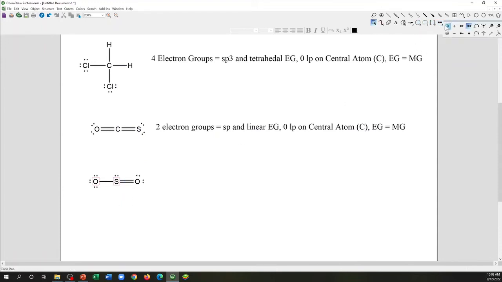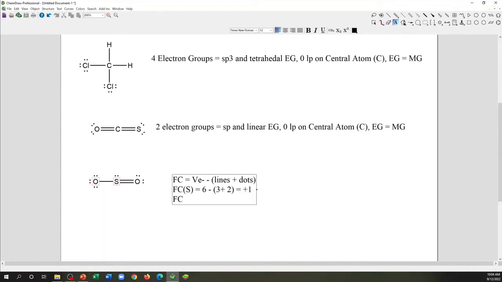If we add up the number of valence electrons that sulfur is supposed to have, remember that formal charge is equal to the number of valence electrons minus the sum of lines plus dots. So the formal charge of the sulfur is equal to 6 valence electrons minus the lines that sulfur has, which is 3, plus the dots that it has, which is 2. 6 minus 5 is equal to positive 1.